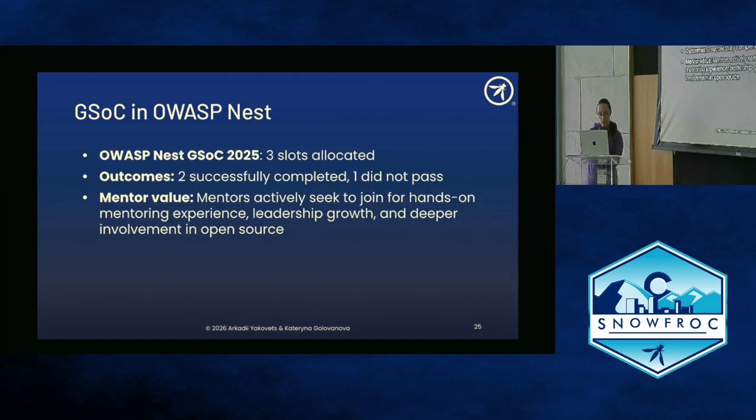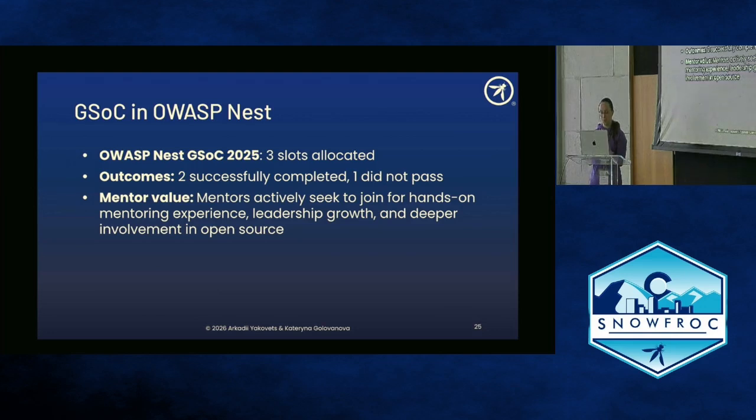Okay, moving on. So for OWASP Nest, we participated in GSOC last year. We got 3 slots allocated just for our project. The outcome: we had 2 successfully completed ideas, and 1 did not pass the evaluation. That can happen, of course, but it's not something that happens a lot.